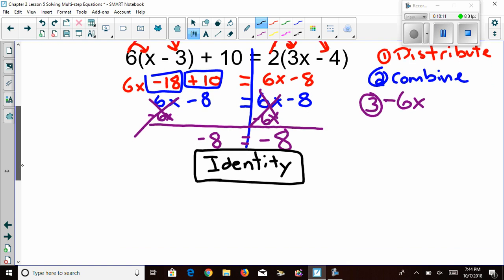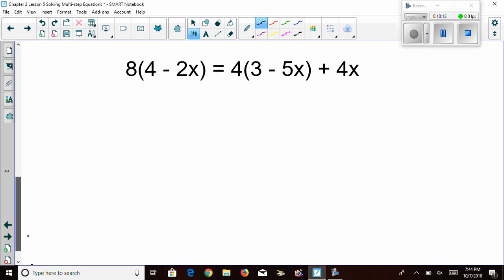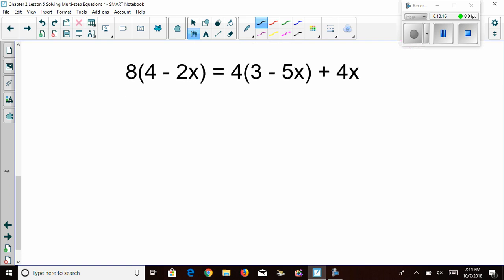Let's take a look at our next one. I have, again, the same first step. I see parentheses. I should distribute.